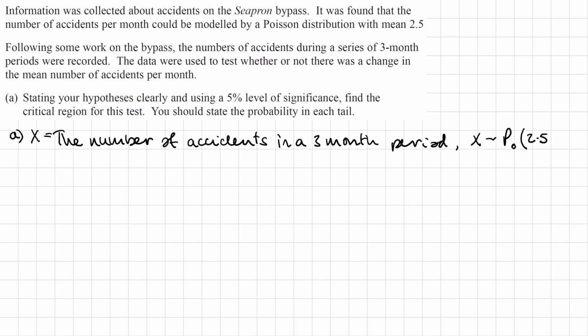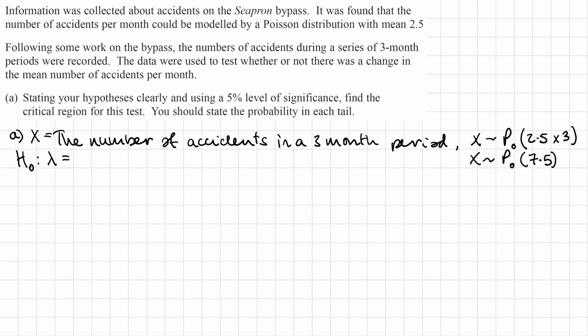Now that's per month, and because I'm looking at the number of accidents in a 3 month period, I'm going to times that by 3, and so we've got a Poisson distribution with a mean of 7.5. So we'll start with H0 and H1.